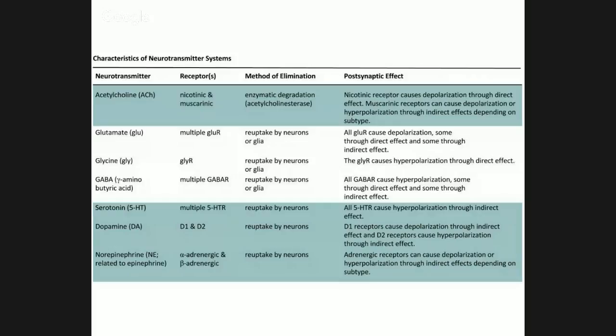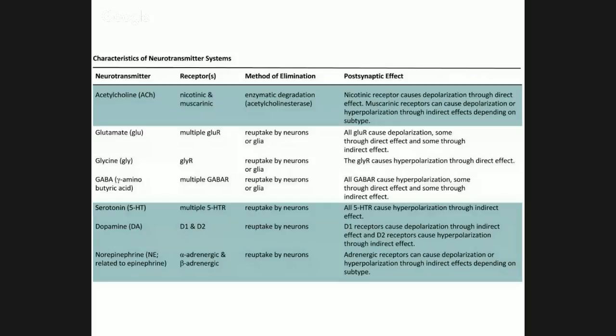And there are multiple GABA receptors, again, like the glutamate receptors, but we're not going to break them down into subtypes. All GABA receptors cause hyperpolarization, some of them through direct effect, some of them through indirect effect. I'm actually not an expert on GABA receptors, so I'm not entirely sure how all of them work, but they're going to open up ion channels that are either going to allow chloride in or potassium out.